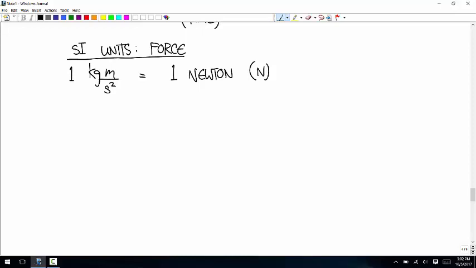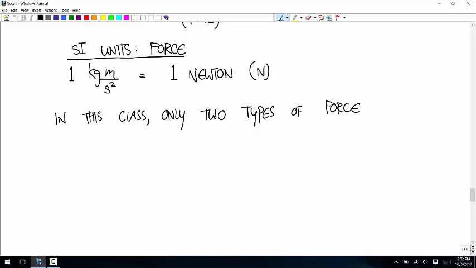But for now, I want to split up all the forces that can act on an object into just two categories. The first one is the weight. That's the force applied by gravity.